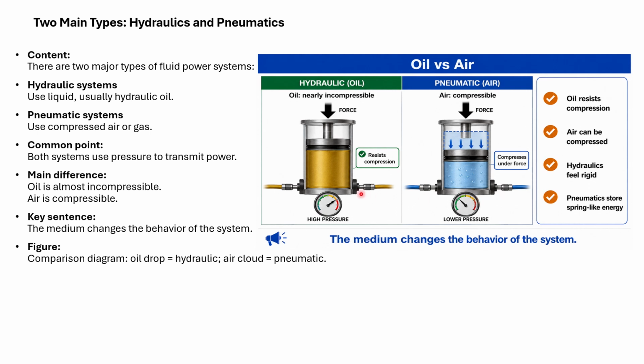Both systems use pressure to transmit power. Main difference: oil is almost incompressible. Air is compressible. Key sentence: the medium changes the behavior of the system.